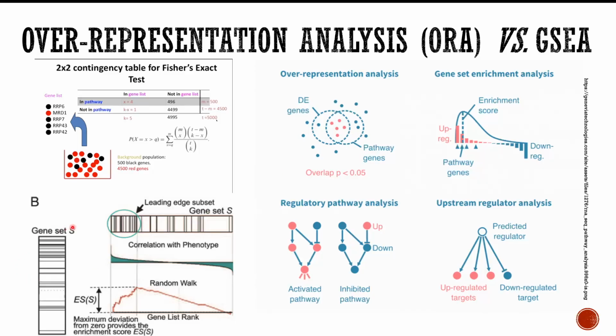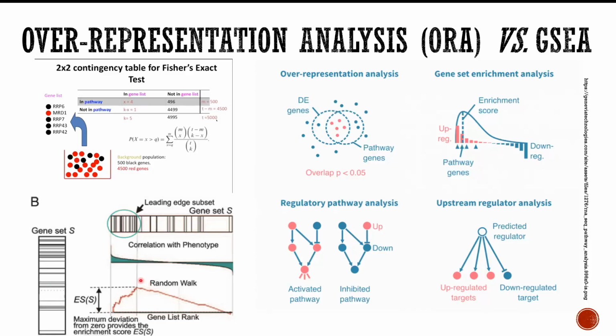It ranks all the genes in your dataset first. For DE analysis, usually we use log fold change for the ranking. For other cases, you can use correlation with the phenotypes. It then walks down the ranked gene list and increases the score when the gene is in the pathway gene set, and reduces the score when the gene is not in the pathway gene set.